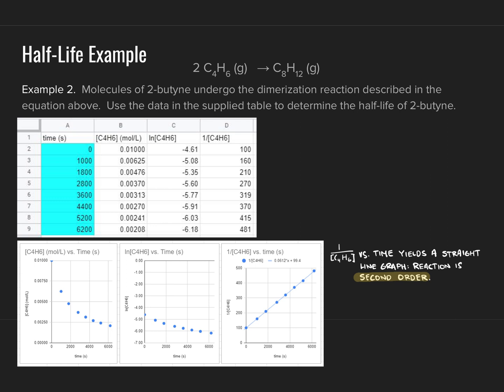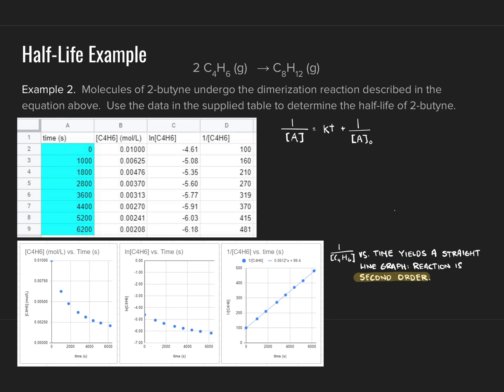And because this is a second order reaction, I can then use that to now write the integrated rate law of this particular reaction. For a second order reaction, recall that the inverse of the concentration of species A at some given time is equal to the rate constant k times the time t plus 1 over A's initial concentration.